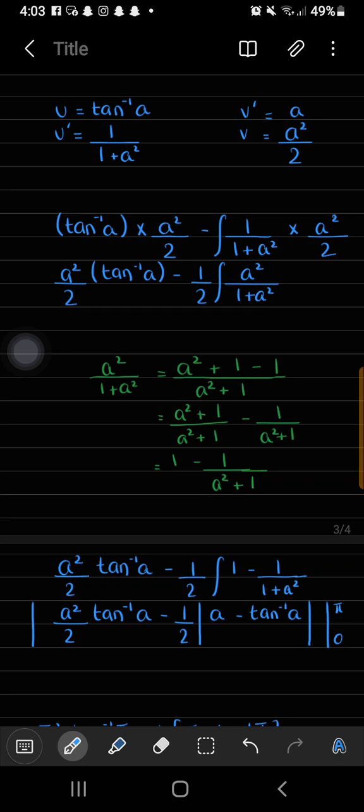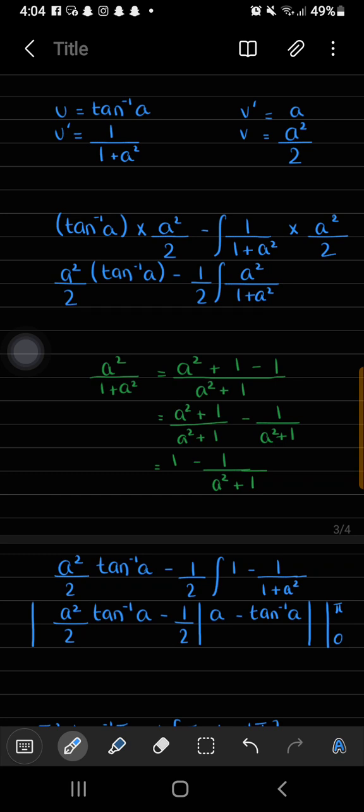So we added a square with 1 and subtracted 1, dividing them into two parts: a square plus 1 upon a square plus 1 minus 1 upon a square plus 1. The a square plus 1 upon a square plus 1 becomes 1, and the second becomes minus 1 upon a square plus 1.